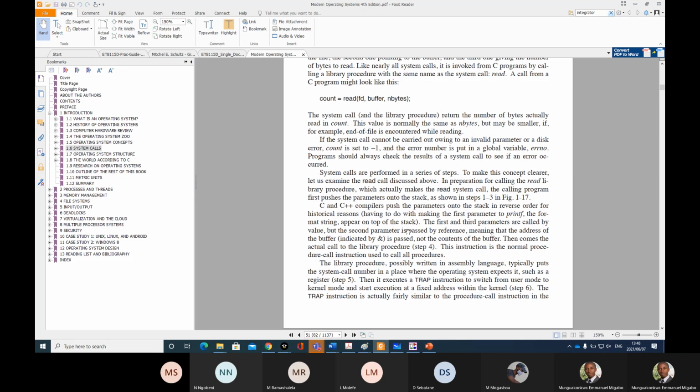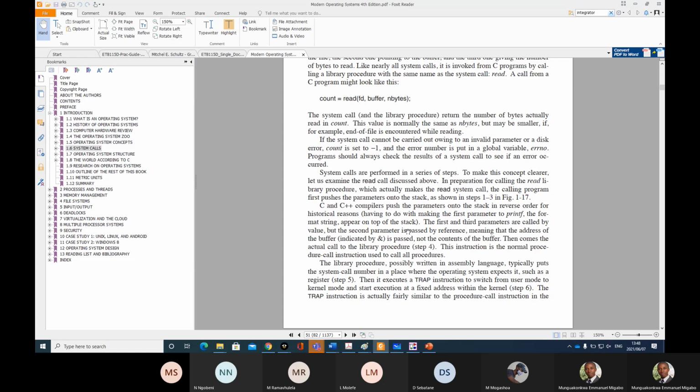So throughout execution, the system calls are given IDs or numbers, and the number of this system call is normally placed in some memory location, in this case such as a register, where the operating system is supposed to be expecting to get it.